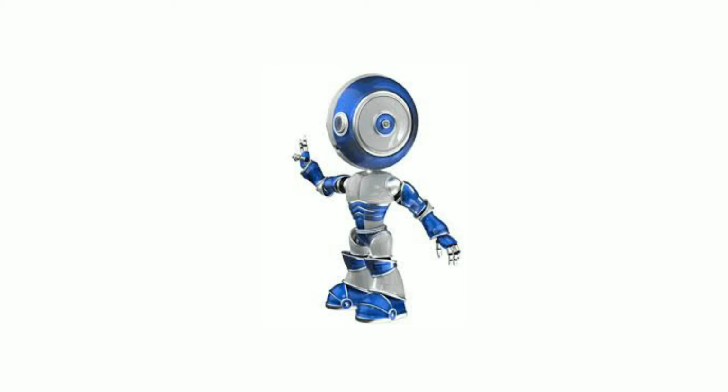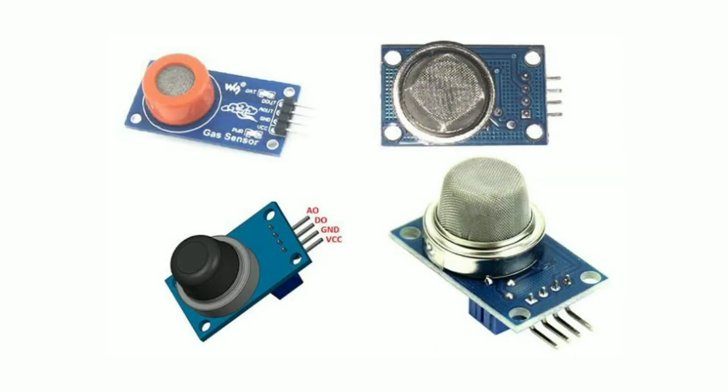For example, I said that robots have sensors which can monitor the environment. You will get a better idea of what that is once you start working with sensors. We will also discuss sensors in detail. So don't worry if you are confused with any part of this definition. Just hold on, and as we keep going through these videos, you will get a better idea of what each element of this definition means.